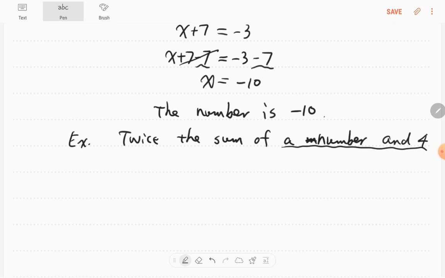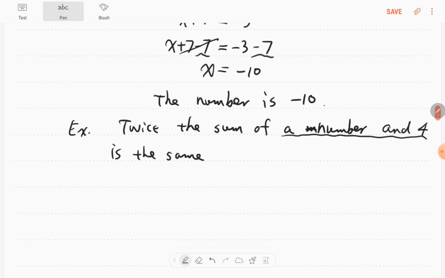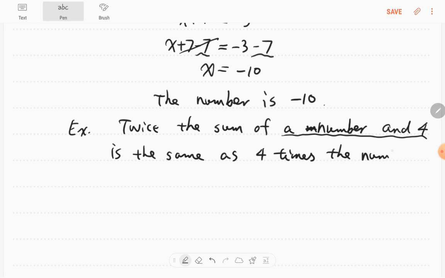A number and a 4 is the same as 4 times the number decreased by 12.